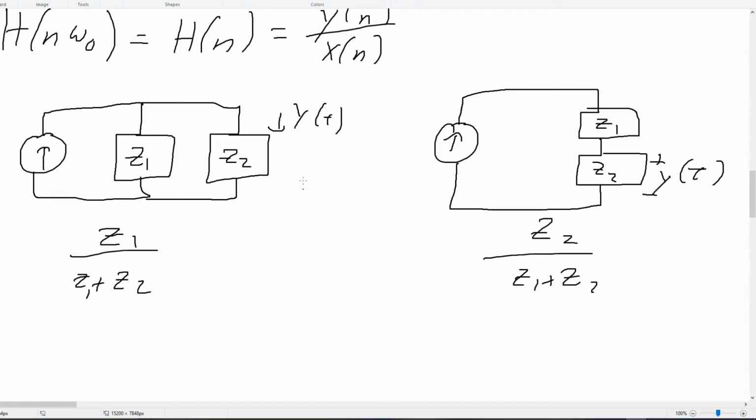So if you're trying to find the current going through Z2 in a current divider, then you would actually use the opposite value, Z1 over Z1 plus Z2. For voltage divider, I could actually label these voltage divider and current divider. For voltage divider, if you're trying to find Y(t) for Z2, then you would use Z2 over Z1 plus Z2, right?